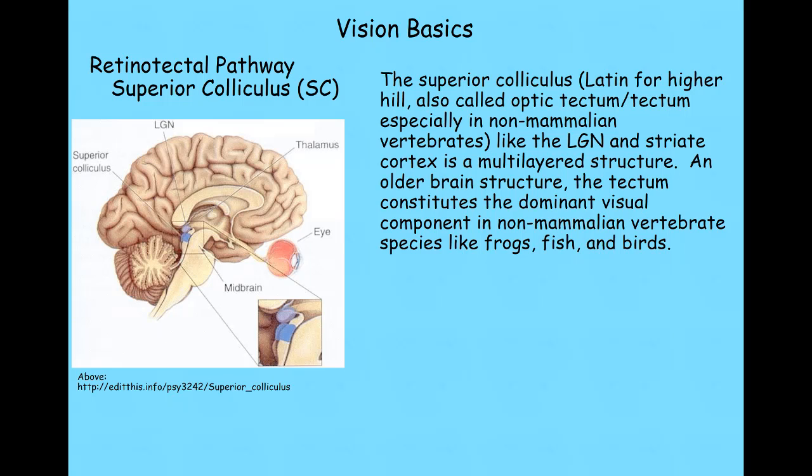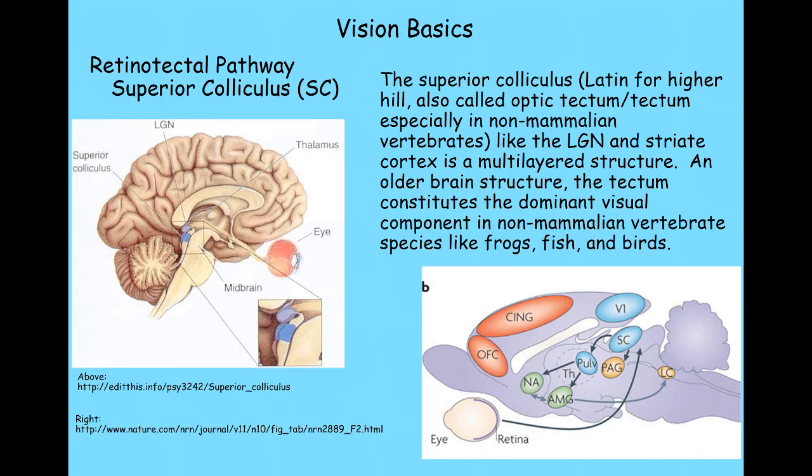The tectum constitutes the dominant visual component in non-mammalian vertebrate species like frogs, fish, and birds. So here's an example of a non-mammalian vertebrate system. You can see the retina here projects directly onto the superior colliculus and not onto a visual cortex.